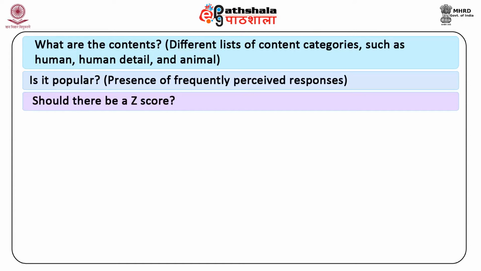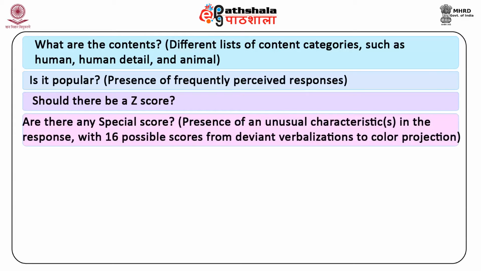Should there be a Z score? Are there any special scores, that is, presence of an unusual characteristic in the response, with 16 possible scores from deviant verbalizations to color projection?